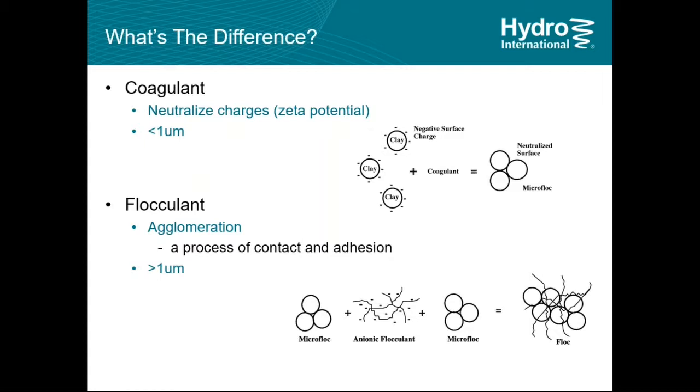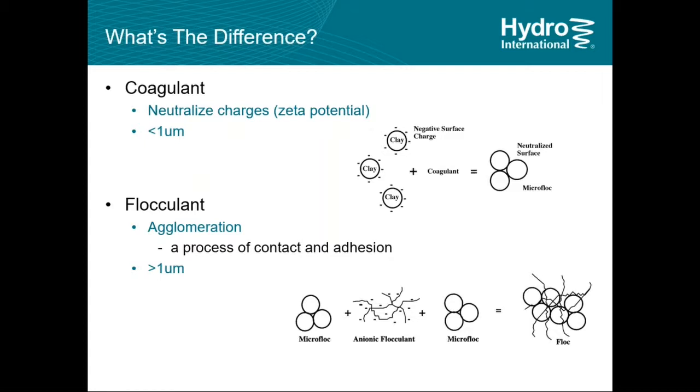If they're the same charge, they repel each other, and basically that can keep them suspended in water sometimes for years. So they're really hard to remove. And this also mentions the submicron particle size. So essentially, adding a coagulant changes the charge, and it's sort of like changing the particle.